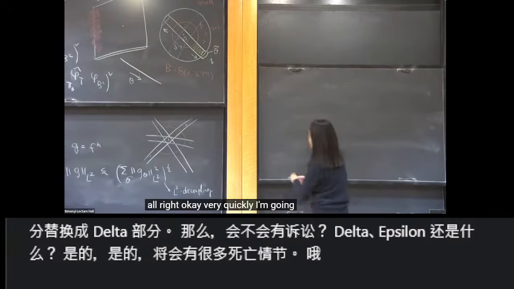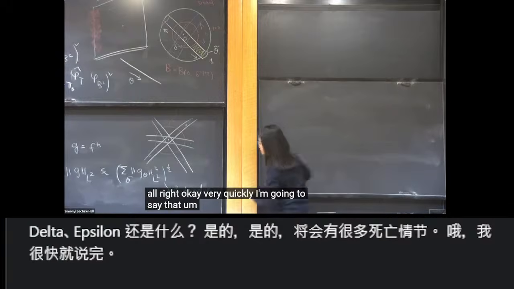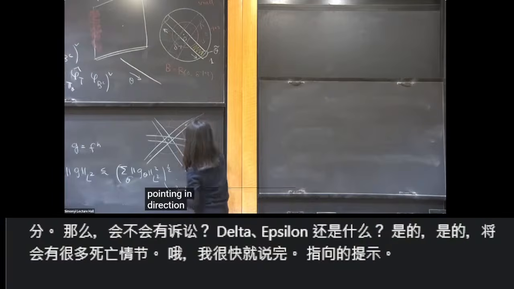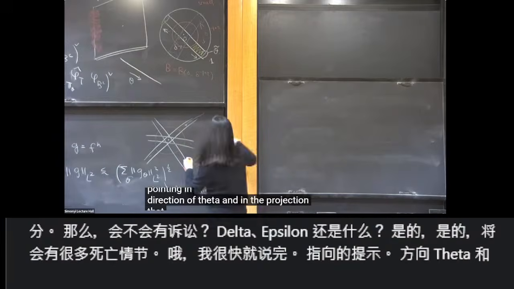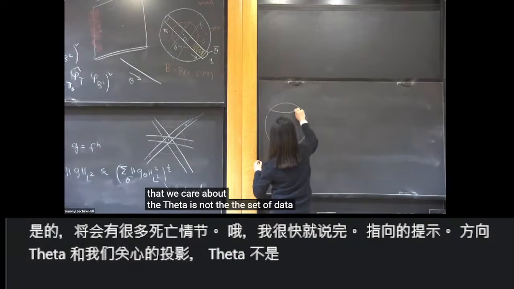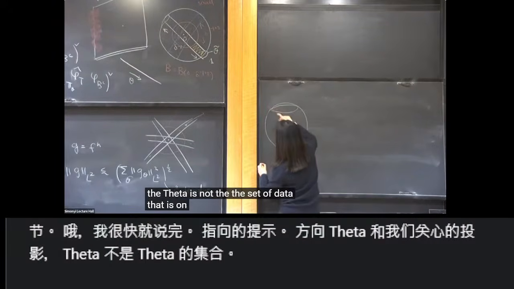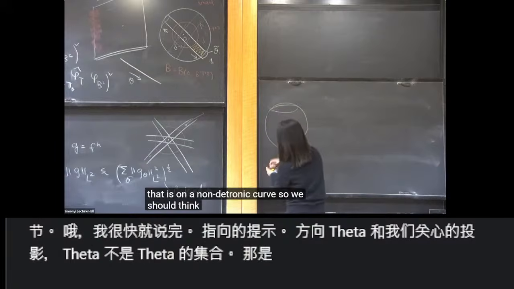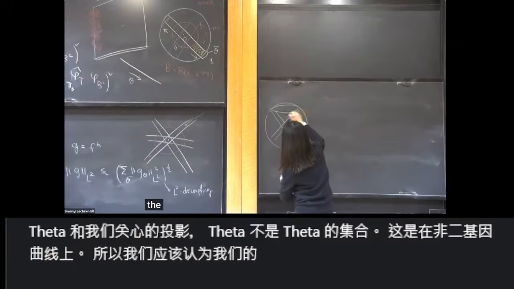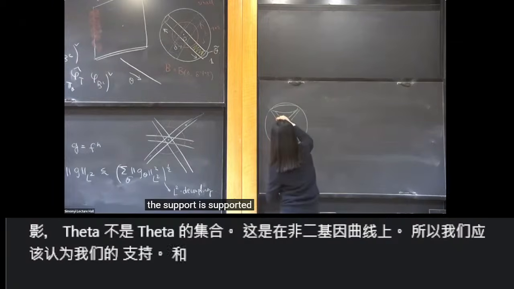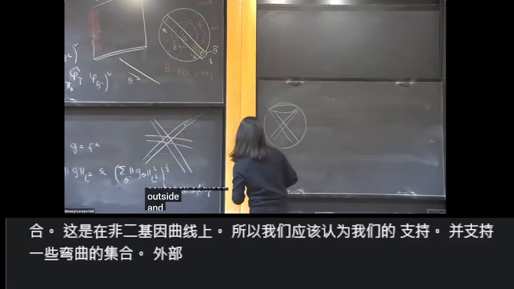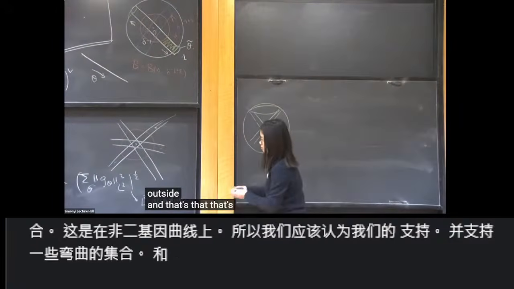Very quickly, I'm going to say that since those tubes are pointing in direction theta, and in the projection that we care about, theta is in the set of theta that is on a non-degenerate curve, we should think that the support is supported on some curved collection of those outside of tubes, and that's where the curvature comes in.